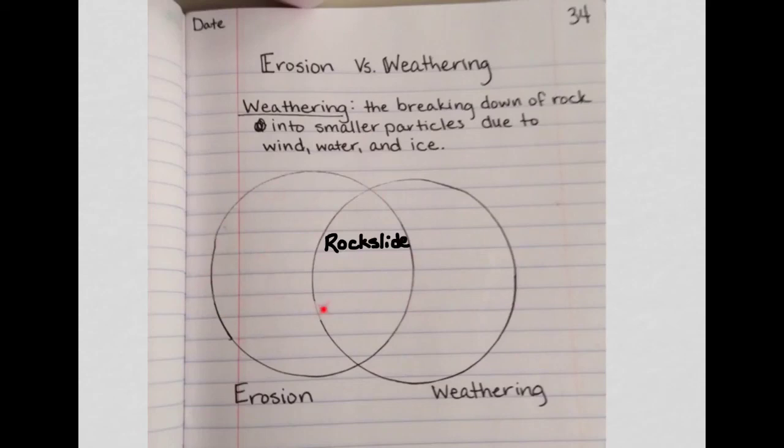They're moving down the slope of the mountain into a new location, and they're being broken down into smaller particles. So a rock slide would be both. If you need to, review the video and figure out which examples go where, and we'll hopefully get a chance to talk about that in class tomorrow.